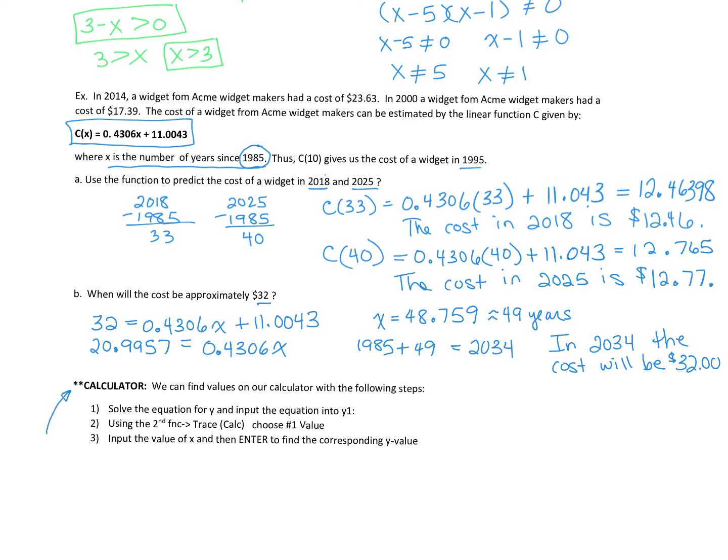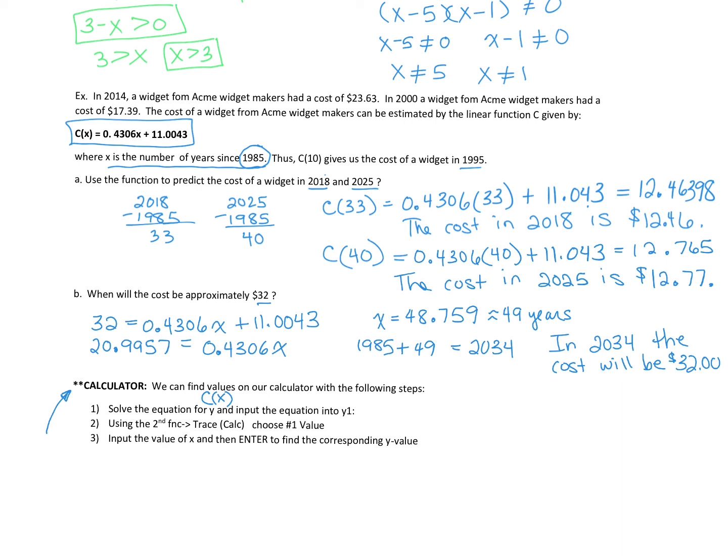We can find some of these values on our calculator. If we want to find these on our calculator, we can solve the equation for y, or alternately our function value, in this case c of x, and input the equation into y1.